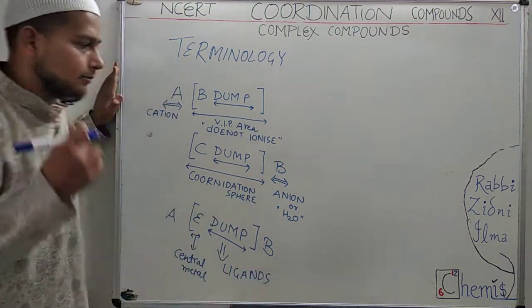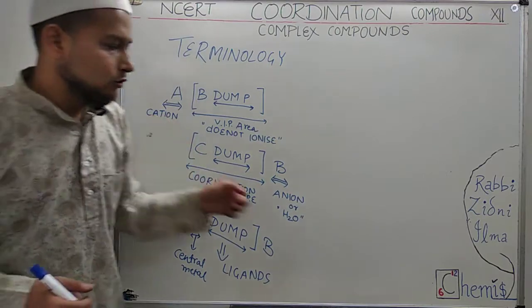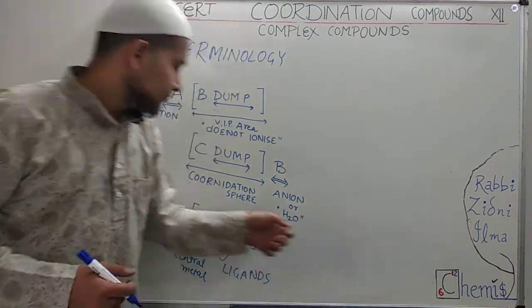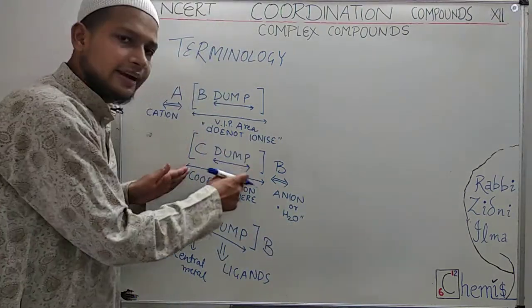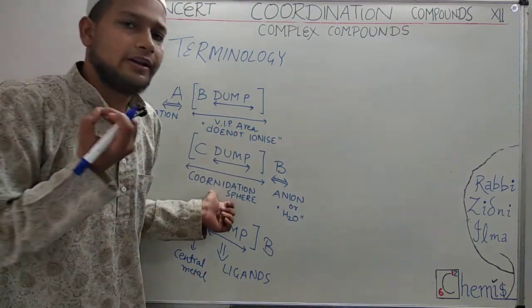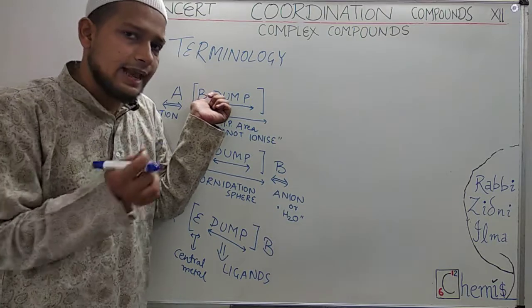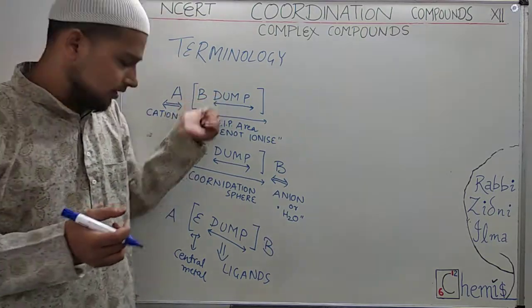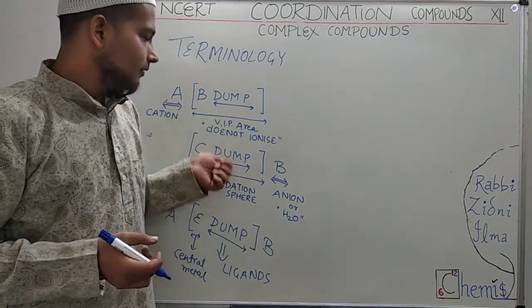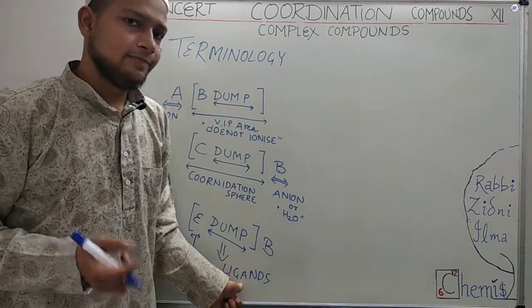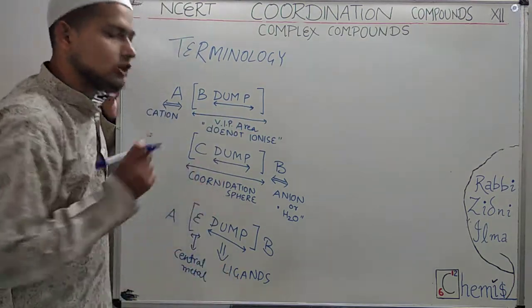So that is the basic terminology. To the left is cation, to the right is anion or water of crystallization, and the square bracketed area is coordination sphere or coordination entity. The first element in the square bracket is our central metal, and the rest is ligands. Now let us discuss this coordination sphere.